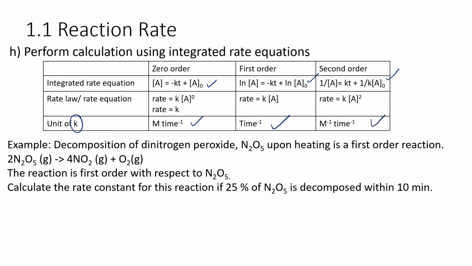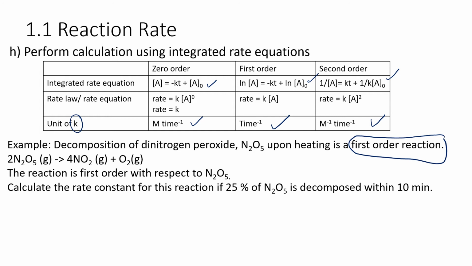So we need to know the order of the reaction first, then only we will know which integrated rate equation we can use to perform the calculation. So, example of the question. This question is very good-hearted because they tell you the order of the reaction.